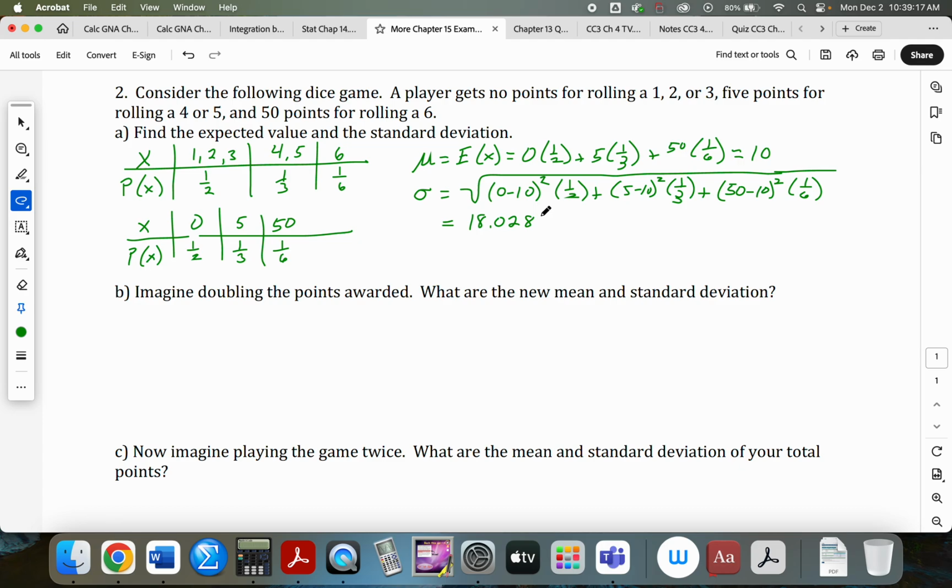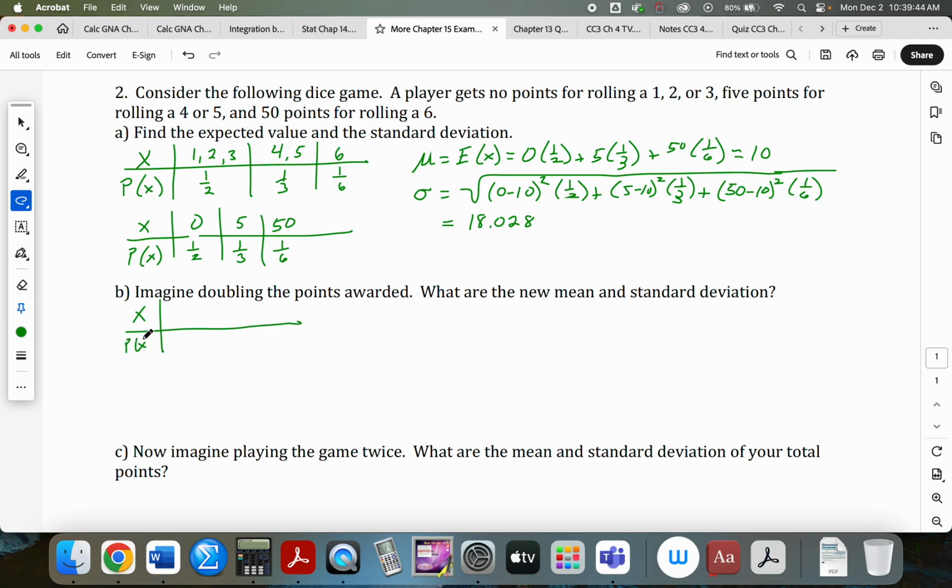Now, what if the points awarded were doubled? So I get 0 points, 10 points, and 100 points. It'd be the same. Well, let's actually do it. You can do this without doing any of this, but let's go ahead and do it.